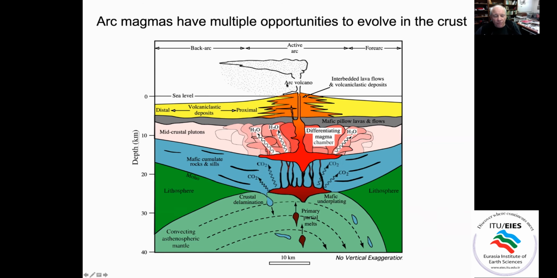And on top, all we get to see is the arc volcano. We have to wait for erosion to bring these deeper levels up to us. So we've got this need for the volcanologists who are working on active systems, and of course can only see this, to talk with the people working on fossil systems, plutons, dikes, and things like that, and try and put a system together.